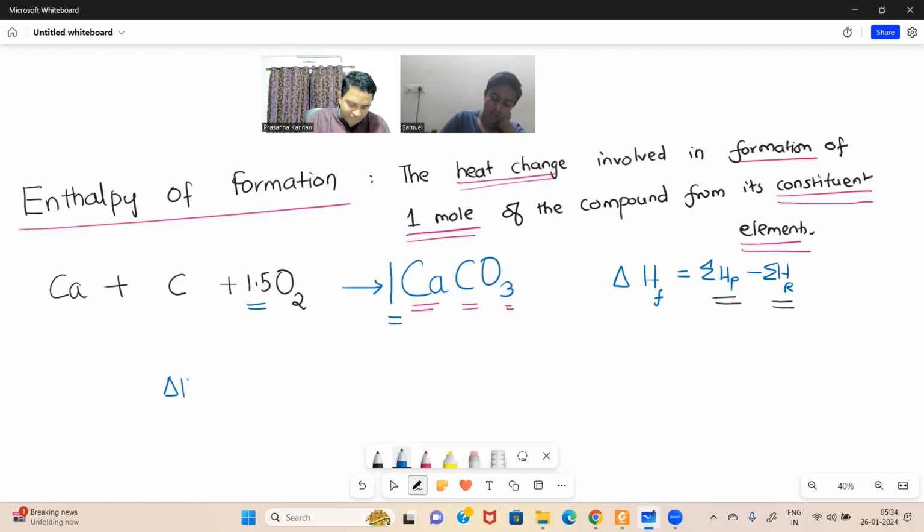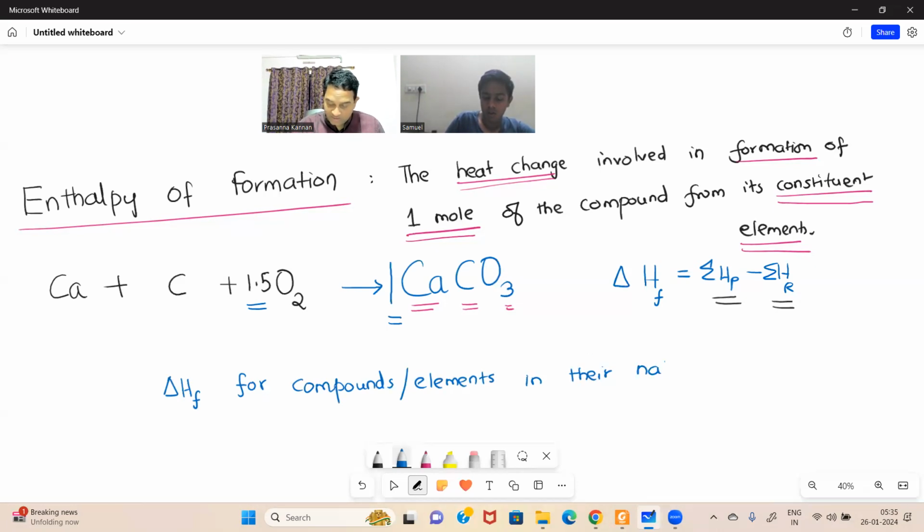Enthalpy of formation is usually represented with the symbol delta H f. The enthalpy of formation for compounds or elements in their naturally occurring state is 0.